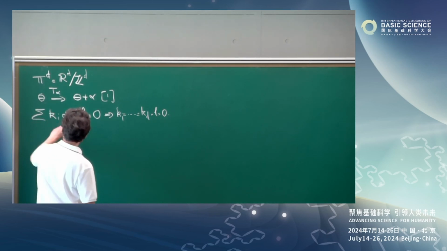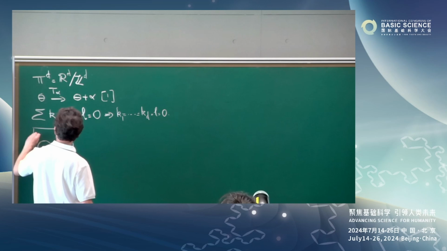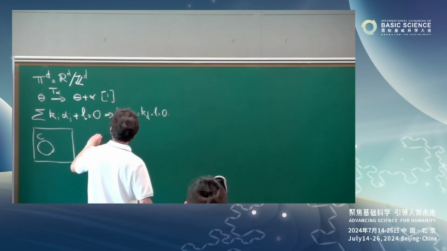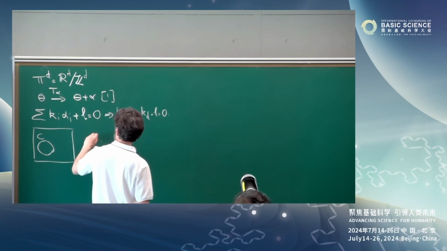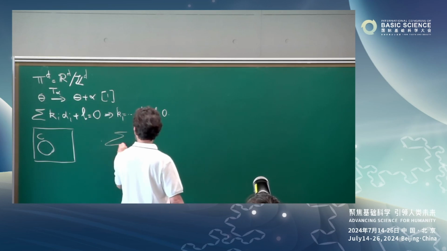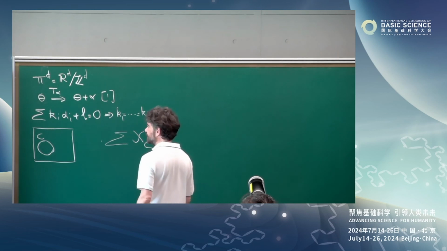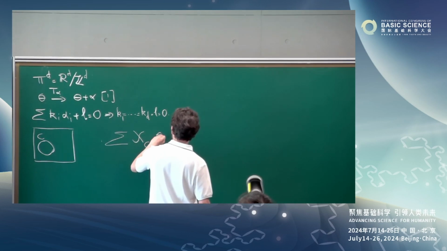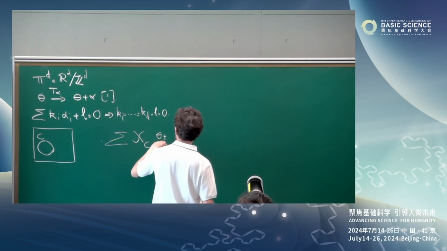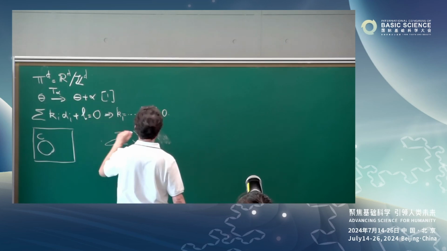So what do we mean? You take any set here, call it C, and you consider the sum of the characteristic function of the set C of theta plus T alpha.